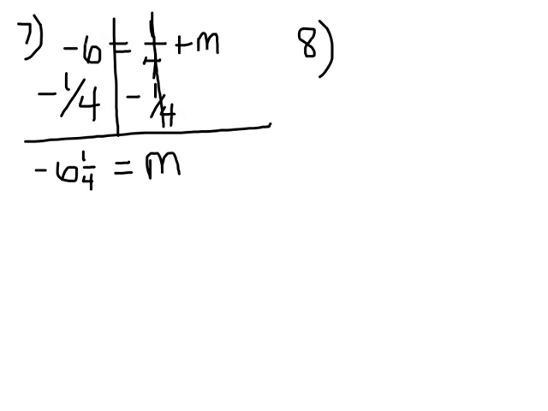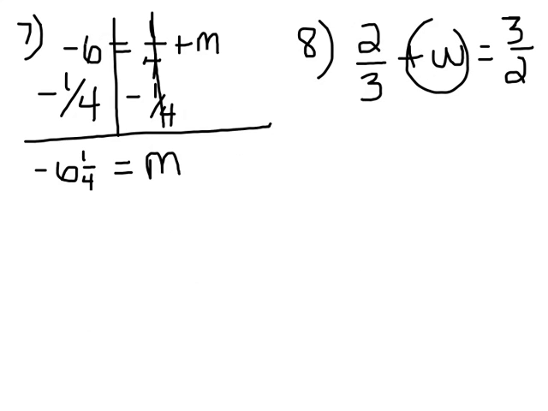Here's example number 8. We have 2/3 plus w equals 3/2. In this example, we'll be isolating our variable of w by subtracting 2/3 on both sides.